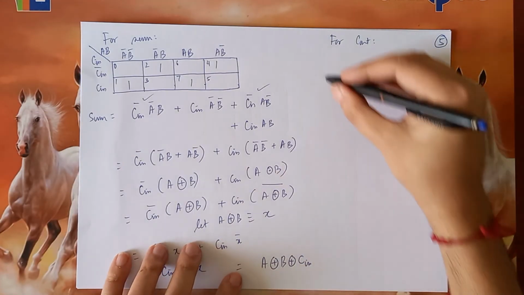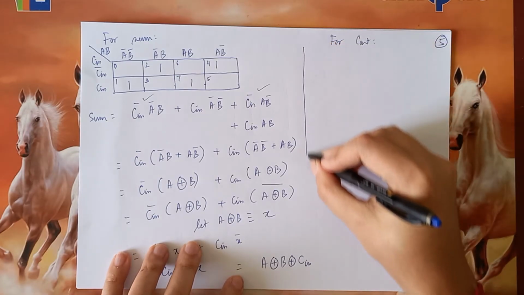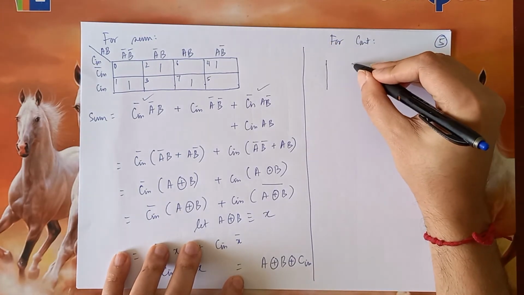Now, what about C out? Let's construct the K-map.